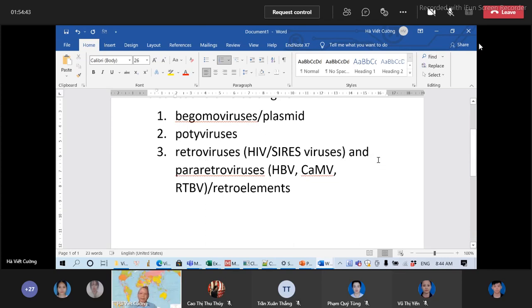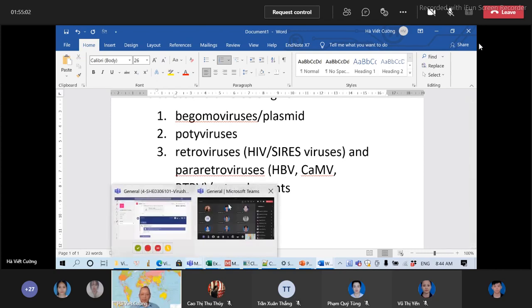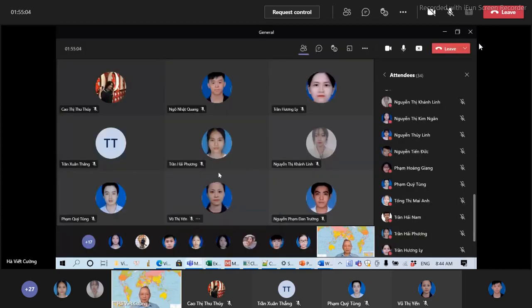And on the other hand, for DNA viruses, we have one group, namely the pararetroviruses, okay? For example here is HPV. Now, do you know what HPV is? Probably 30% of your class, 30% of people are infected with this.